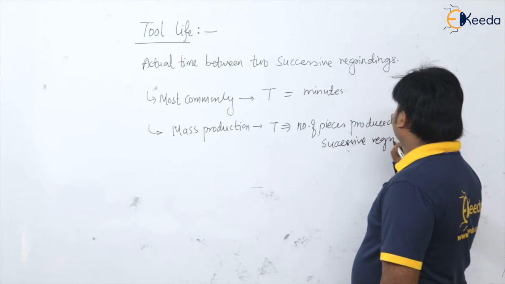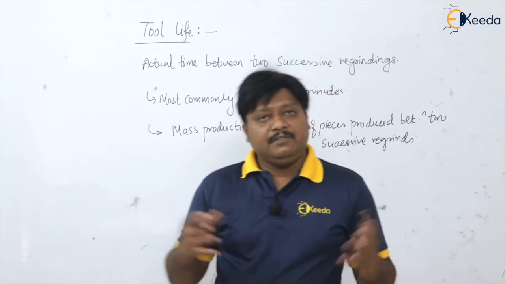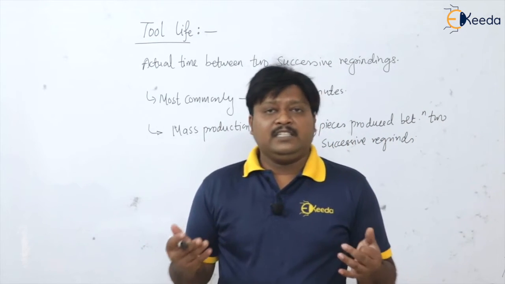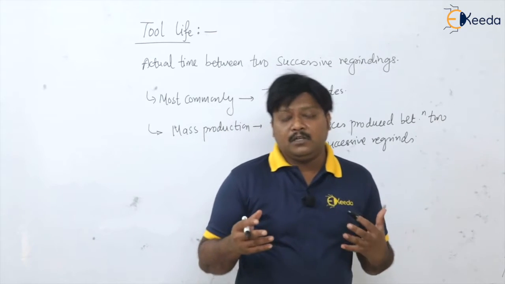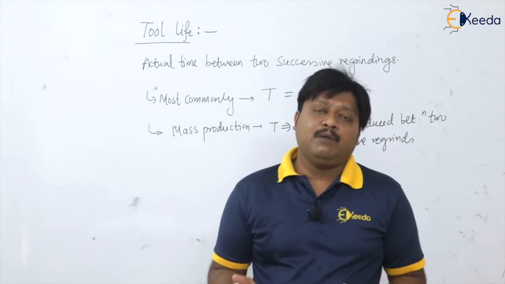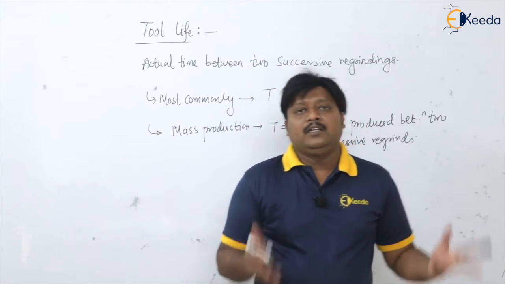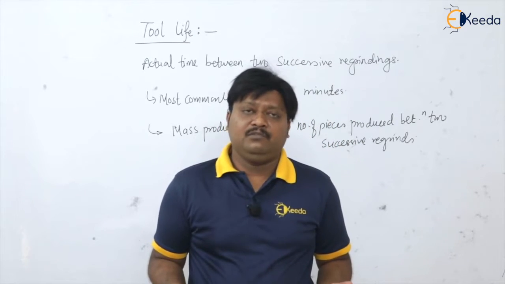You can define it like that for mass production. If there is mass production, of course we are more interested in the numbers. So between the two successive regrinds, how many parts or how many workpieces got machined by the tool is nothing but the tool life, we can say.